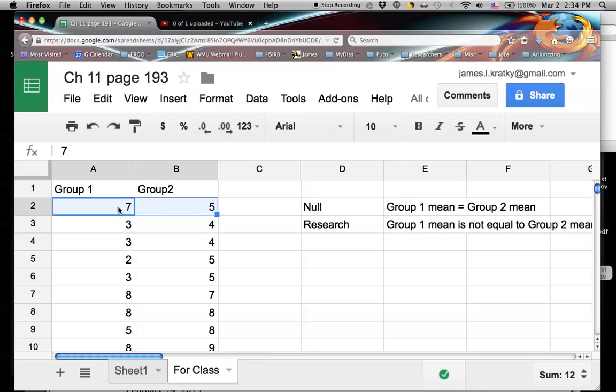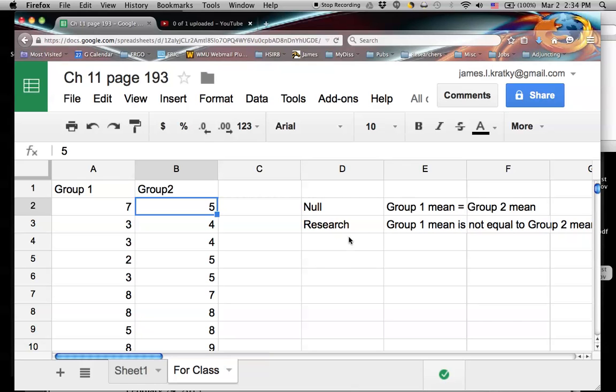So the fact that this is a 7 from group 1 doesn't matter, that this is a 5 from group 2. They're not related. It's not the same person or anything like that. Since we don't have that linking with the data, we're going to run a t-test for 2. And this is not the matched pairs, and we're going to assume unequal variances.